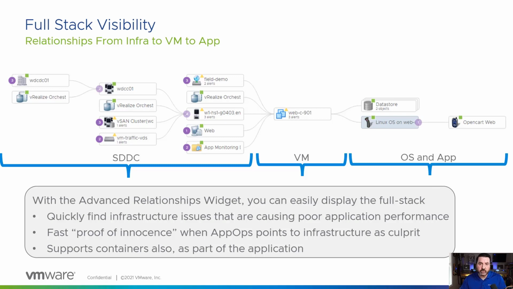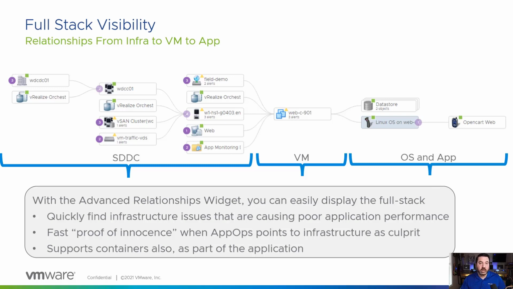This is also great for the troubleshooting workbench in vRealize Operations, right? Which leverages these object relationships to look across all the metrics and all the changes happening within the environment to bubble those up for us. And we can say, hey, I'm trying to troubleshoot this virtual machine, but I want you to go several levels above and several levels below as far as parent and child objects go.